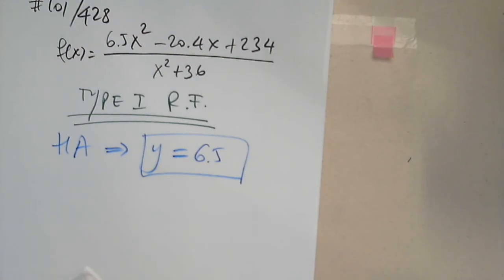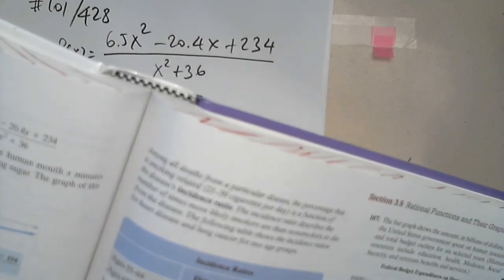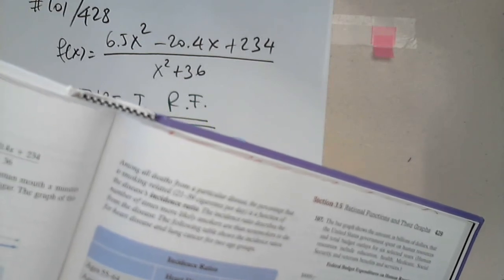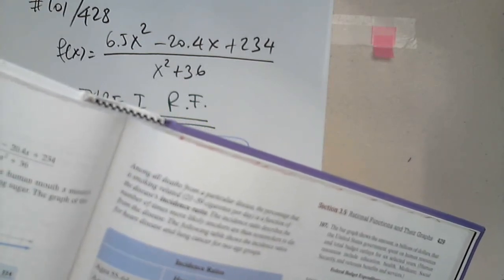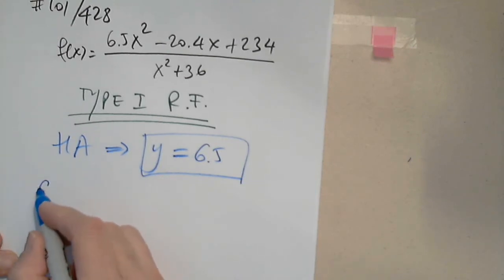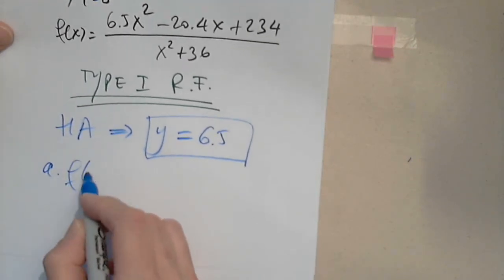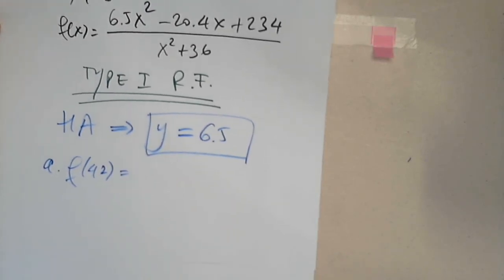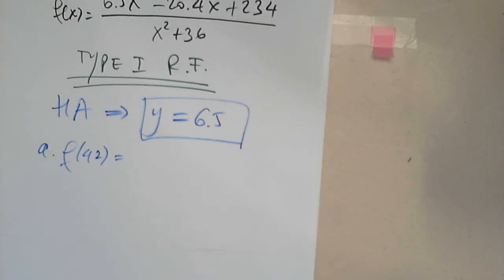Okay, it says now, part A, use the graph to obtain a reasonable estimate of the pH level of human mouth 42 minutes after a person eats food containing sugar. So here's 42, and then I read the Y value. What is that? So that's part 1. What would you say? 42 minutes after we eat something with sugar in it.